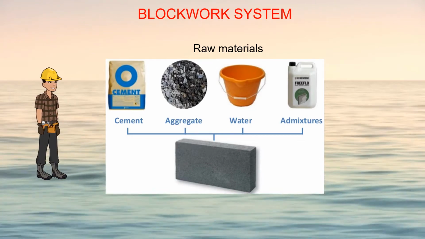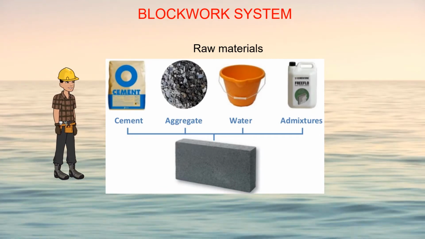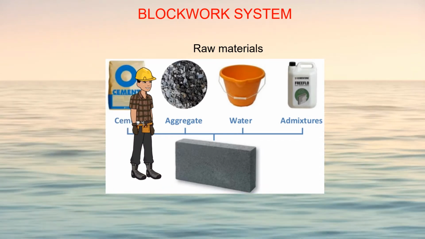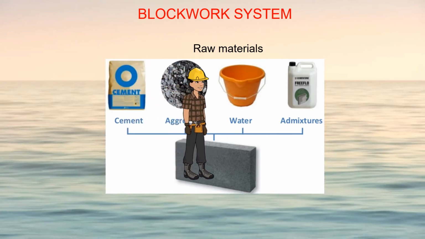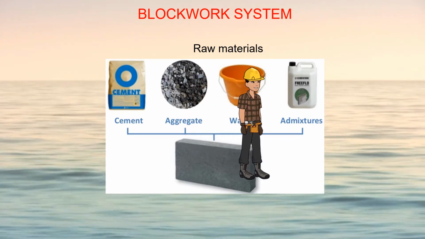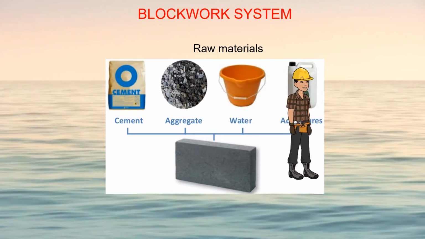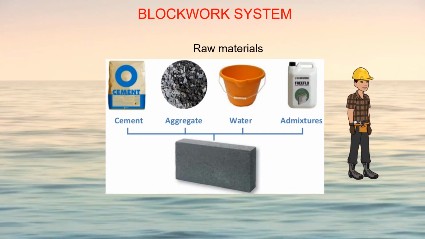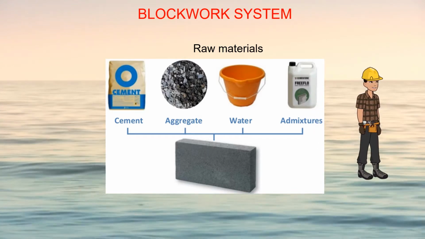Cement, aggregate, water, and admixtures are the materials used in the manufacture of concrete blocks. To manufacture concrete blocks with specific properties, the type and ratio of each material is altered according to the mixture proportion.